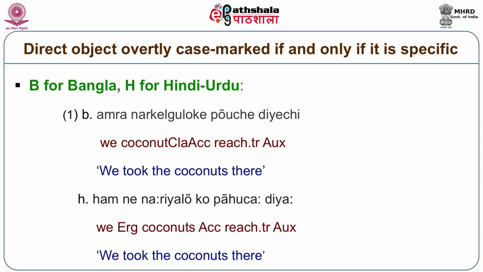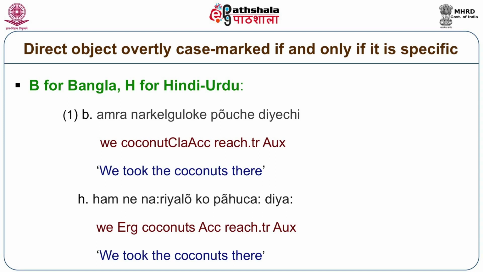The additional difference is that sentence 1H has the verb पहुंचा दिए agreeing in gender and number with nariyal, which is masculine plural. So the verb is in the masculine plural. Whereas 2H, nariyalon ko pahuncha diya, pushes the verb into the default third person singular masculine agreement that you get when the verb doesn't agree with anything at all.